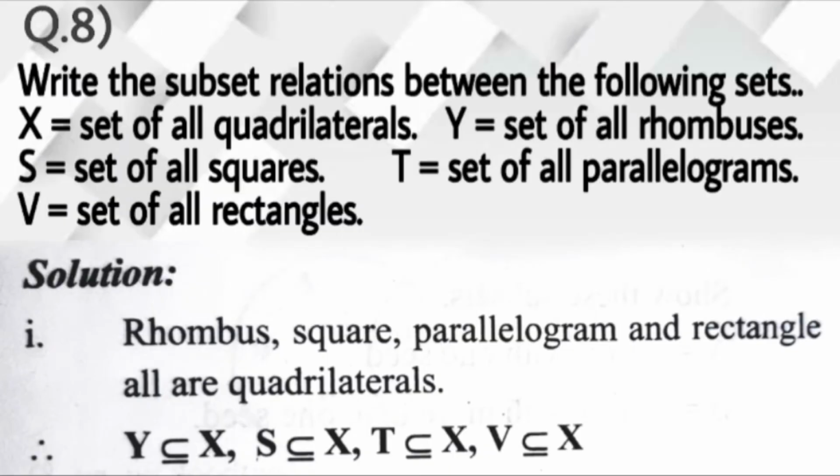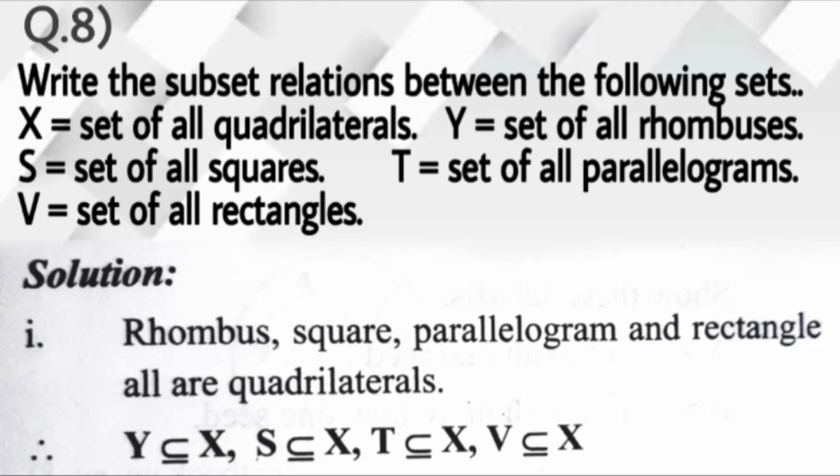We all know what a quadrilateral is. A quadrilateral is a figure which has 4 sides and 4 angles. You all know square, rectangle, rhombus and parallelogram. They have 4 sides and 4 angles, so all these are called quadrilaterals.